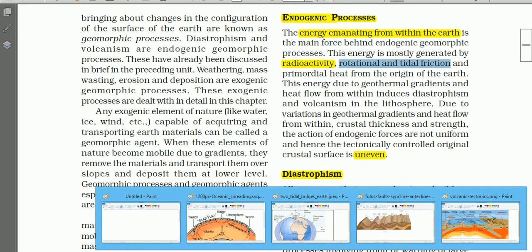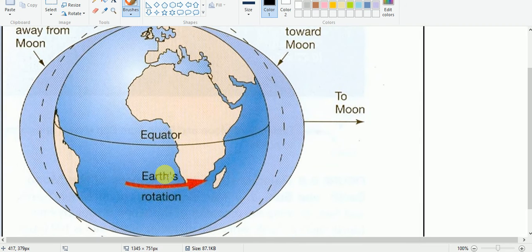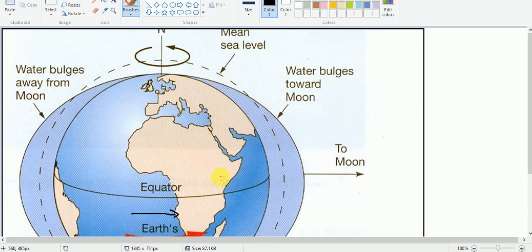Let us see another diagram. Here is the earth, and we know that the earth is rotating from west to east on its own axis.